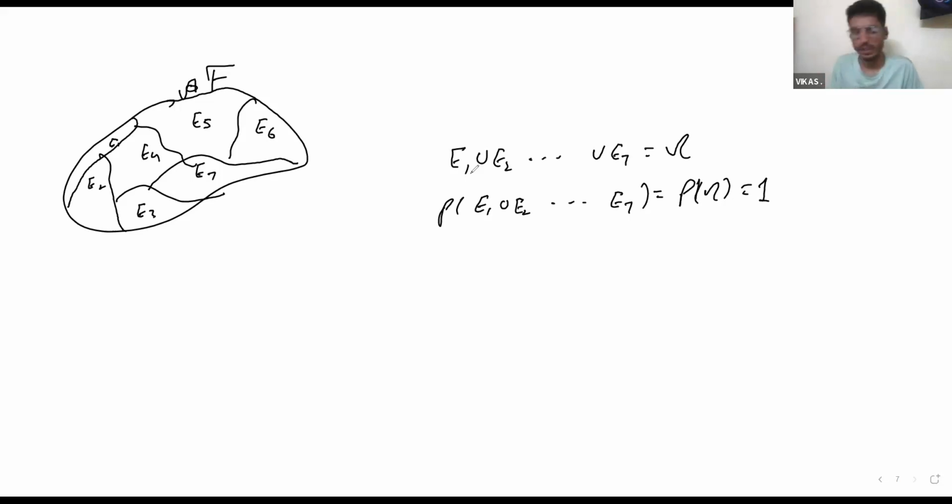Now let's see, if these are the exhaustive events, and there is an event that is happening, this red one, if I say this is the event E, this is the Venn diagram.